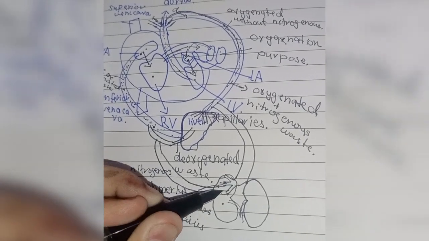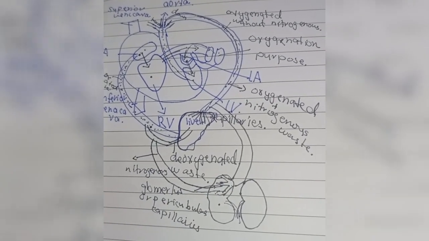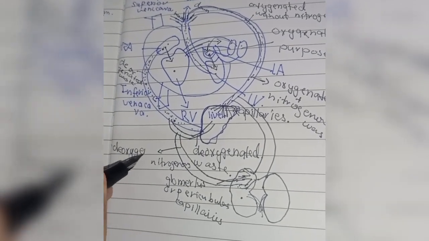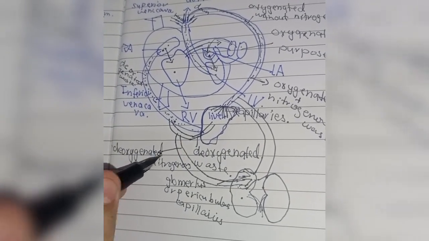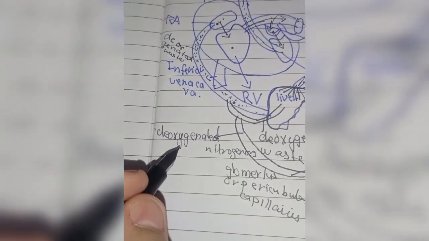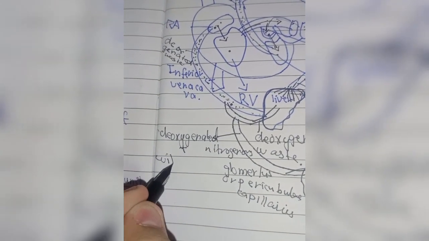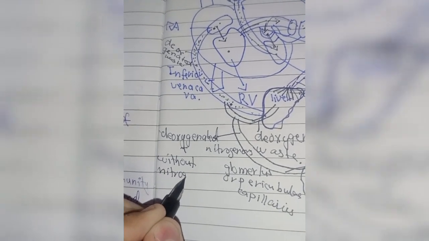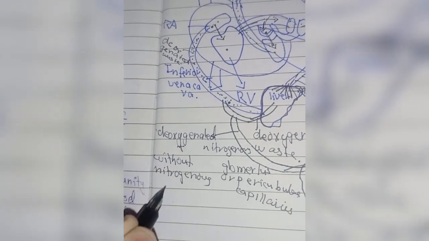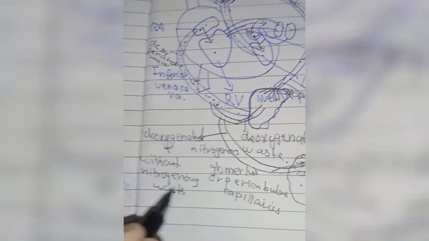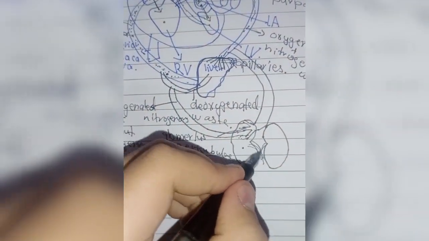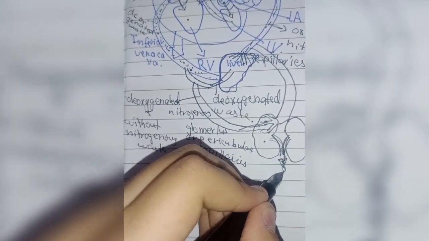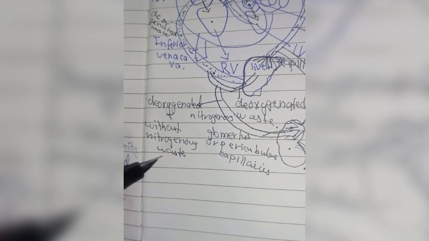Okay, so in this we have deoxygenated blood, and we have it without nitrogenous waste. So these wastes were removed through the kidney, ureter, then into the bladder, and then through the urethra. These all were removed nitrogenous waste.